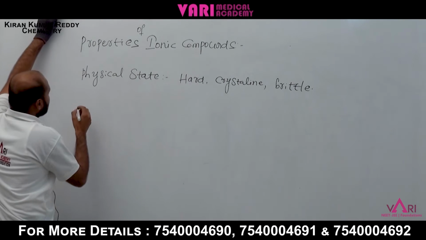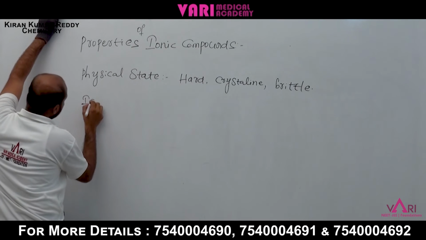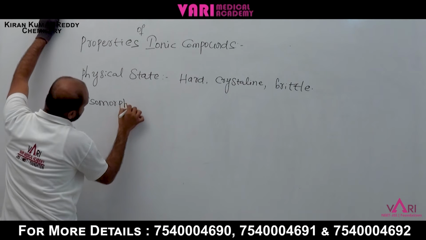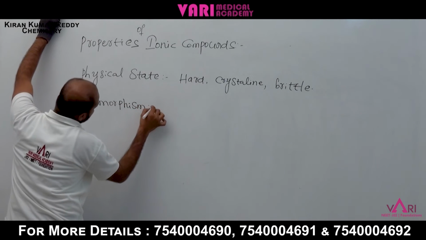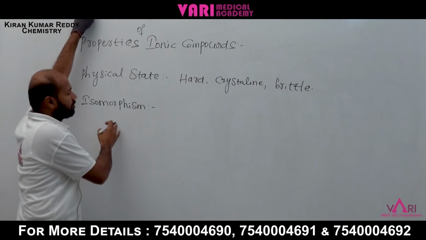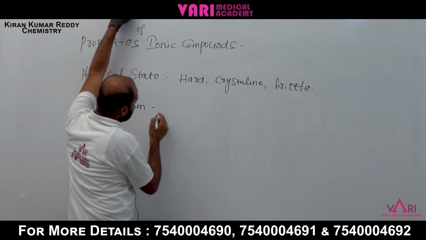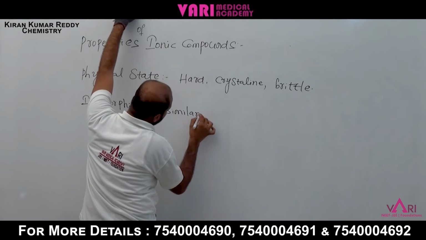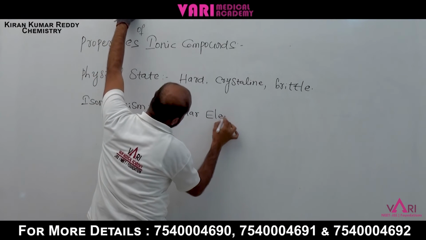Ionic compounds are not showing isomerism, ionic compounds are showing isomorphism. Isomorphism means similar electronic structure, similar electronic configuration.